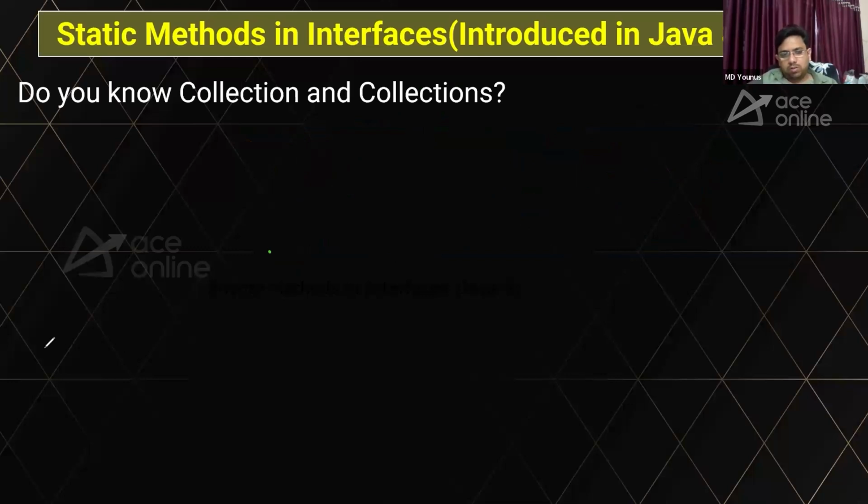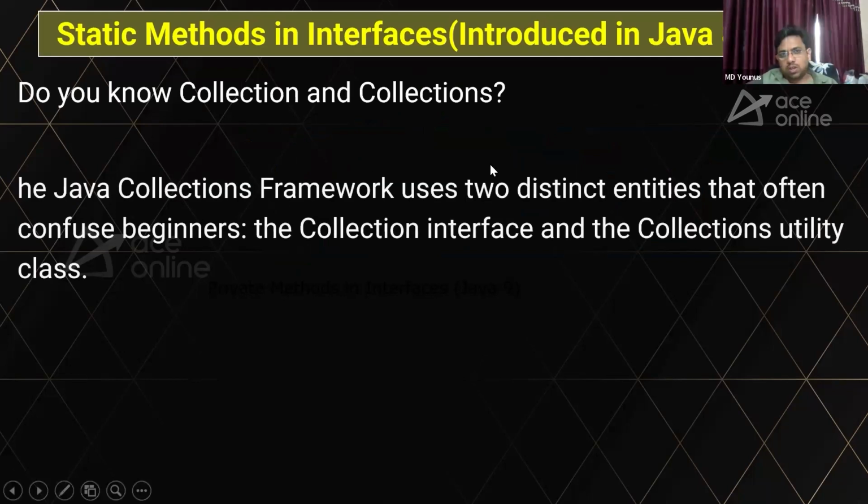So let's see what is the need of this. The Java collection framework uses two distinct entities that often confuse beginners. Actually, collections with a small c is called a framework, so don't get confused with that. Collectively, it's the Collection interface and the Collections utility class.